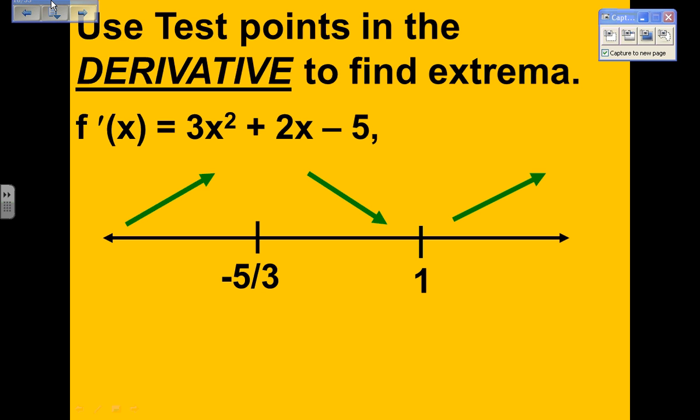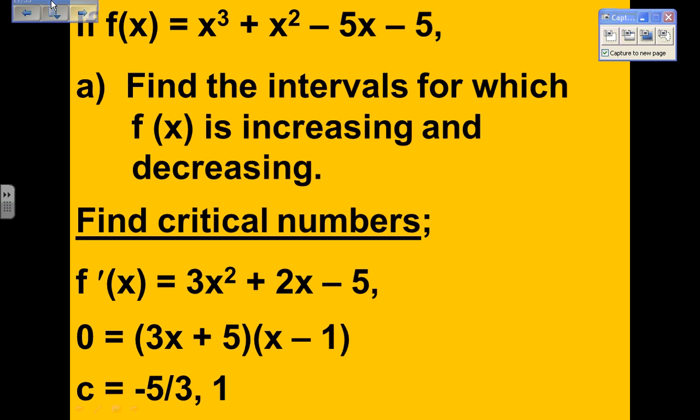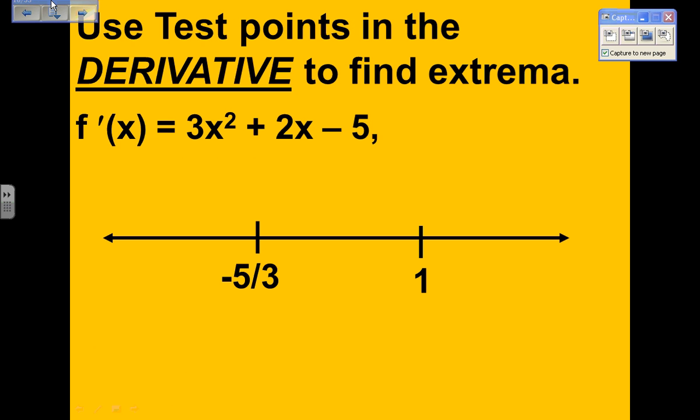But in this case, it wants to know the intervals where f of x is increasing. Read it. That was decreasing. Both. We can do both. F of x is increasing from negative infinity to negative 5/3, union 1 to infinity, right?